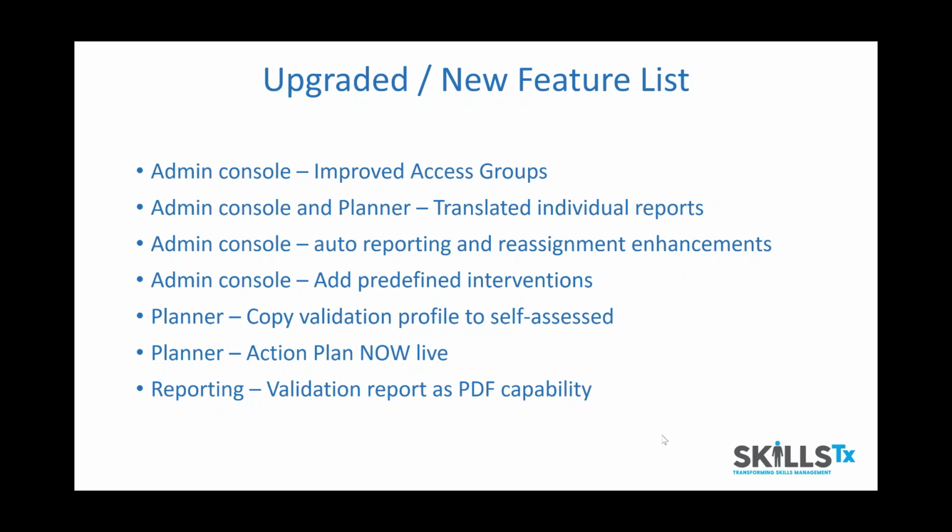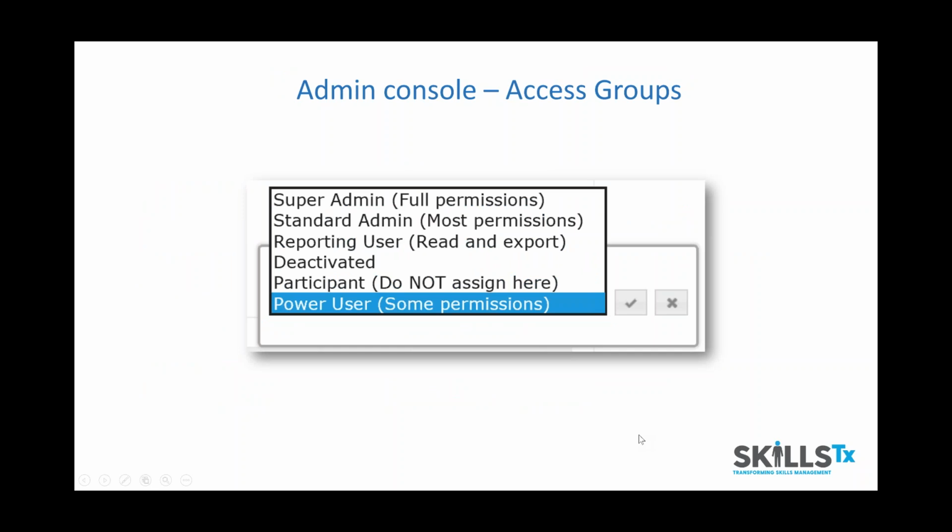Okay, so let's have a look at the access groups and see what that looks like. We just basically changed the wording here, and you can see we've also included an indication of what permissions are available.